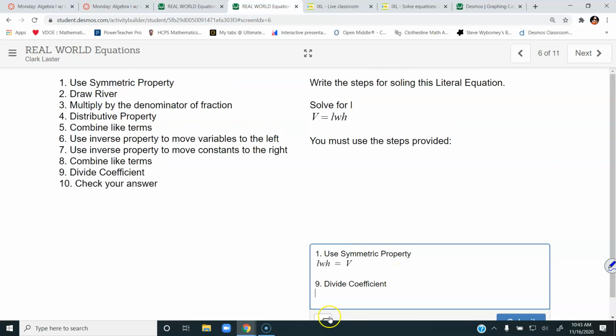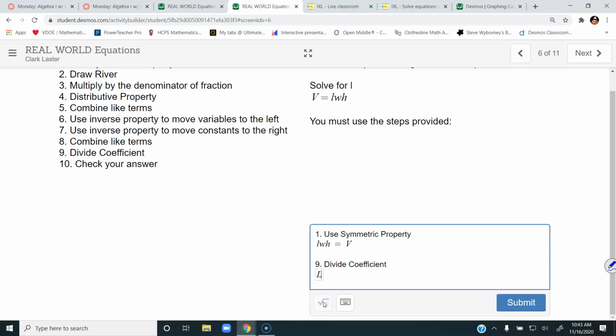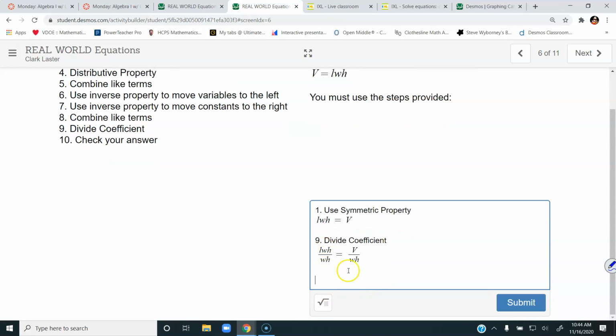So I have LWH divided by W and H is equal to V divided by WH. See, whatever I divide or multiply by on the left, I have to do it on the right too. So I'm just trying to show you that I'm doing it on both sides. And when I do that, I know that the W and the H will disappear. So L equals V divided by WH.